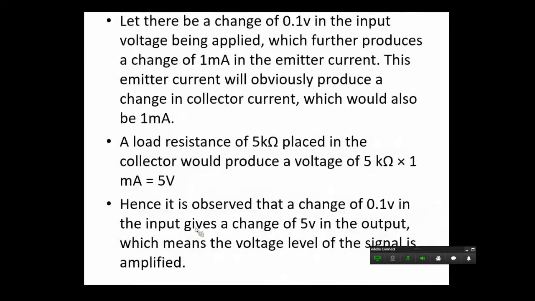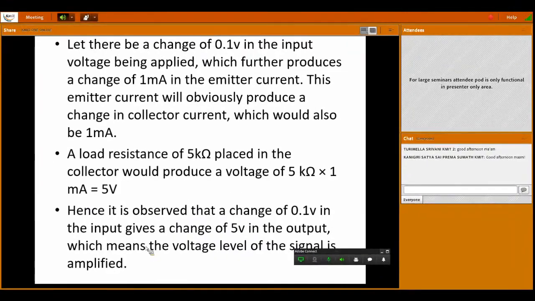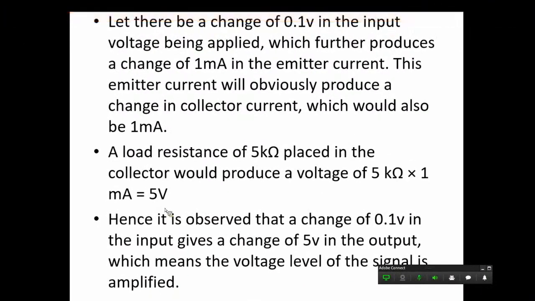Let me first take an example. I make a small change in the input voltage with a magnitude of 0.1 volt, applied to the common base amplifier, which produces a change in input current with a magnitude of 1 milliampere as the emitter current.